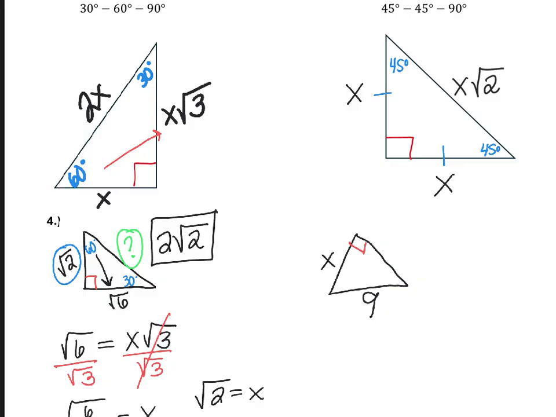The way you'll know it's 45, 45, 90 is either that they give you an angle or that they draw those symbols, meaning the sides are the same, or that they draw these symbols, meaning the angles are the same. So you might see it represented any of those ways to know that it's a 45, 45, 90. How are we going to solve for x?